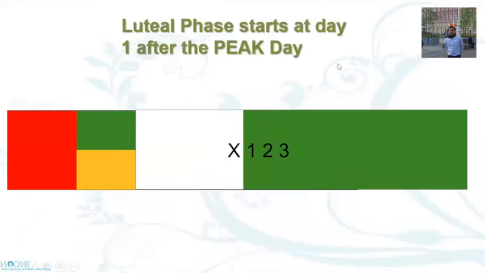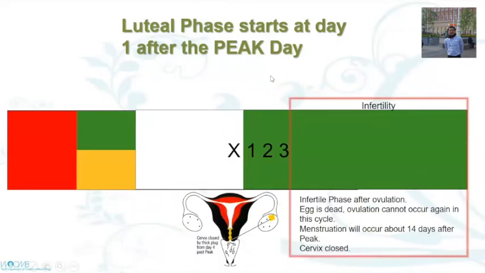Okay? So now the luteal phase starts at day 1 after the peak day. But infertility starts on the 4th day, because some people are confused. They thought that the luteal phase starts on the 4th day because on the 4th day it is already infertile, the cervix is completely closed.